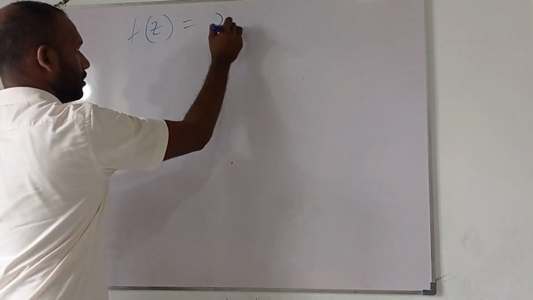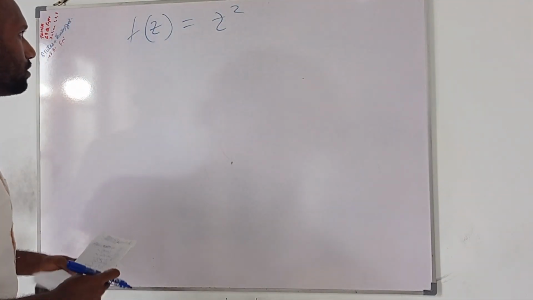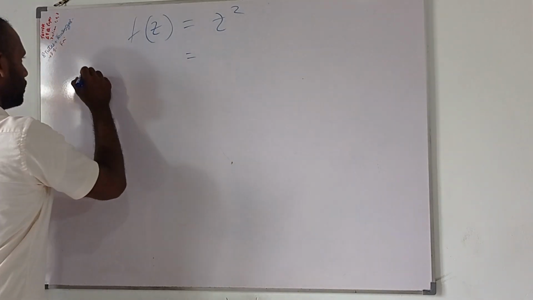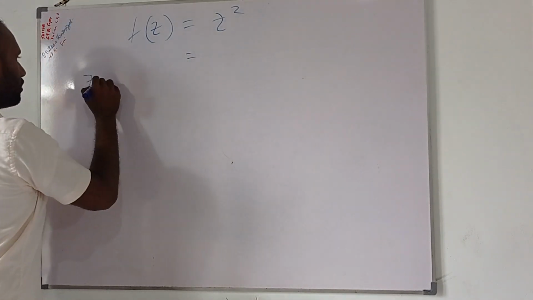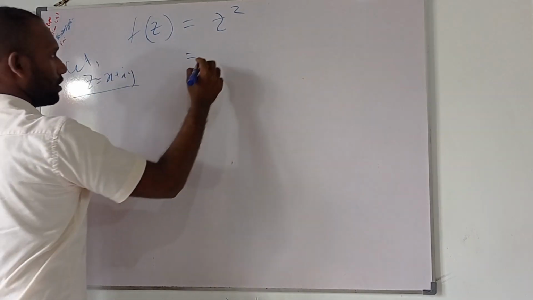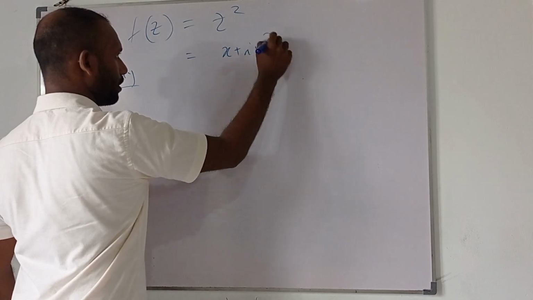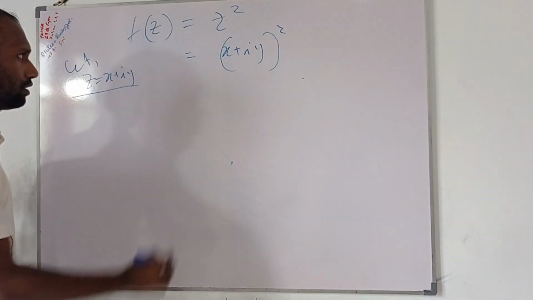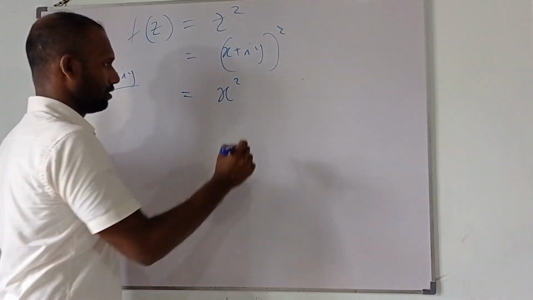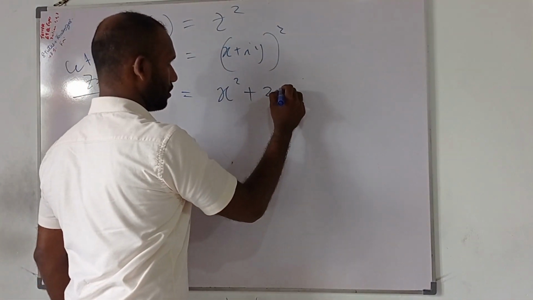F(z) equals Z squared. So take Z equals x plus iy, and we can expand this.